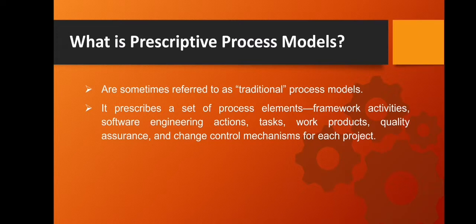In simpler terms, prescriptive process models defines a distinct set of activities, actions, tasks, milestones, and work products that are required to engineer a high quality software. So these activities may be linear, incremental, or evolutionary.